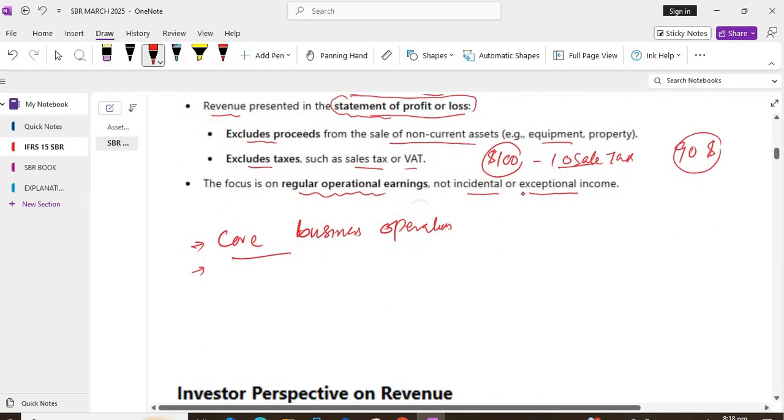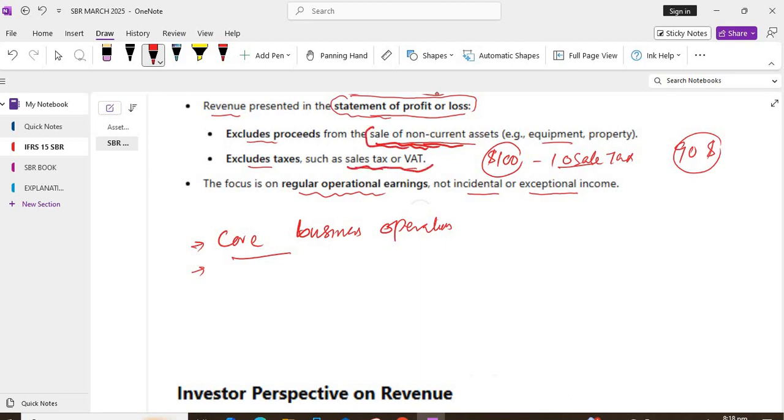Then we discussed that there are some incomes which you will exclude from revenue. That is, the sale of a non-current asset should not be part of revenue.